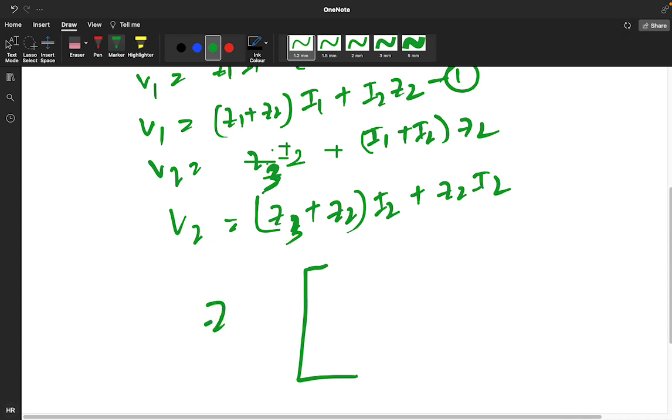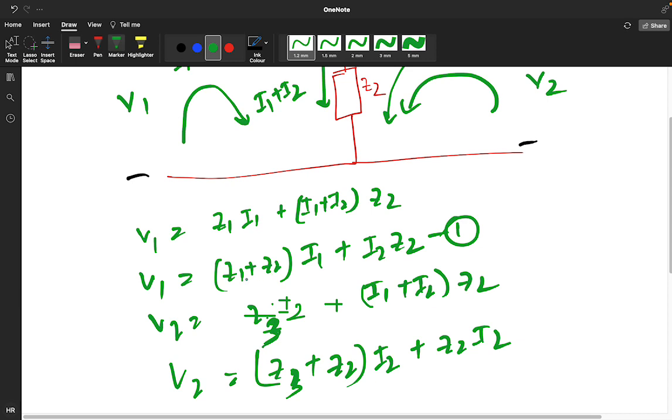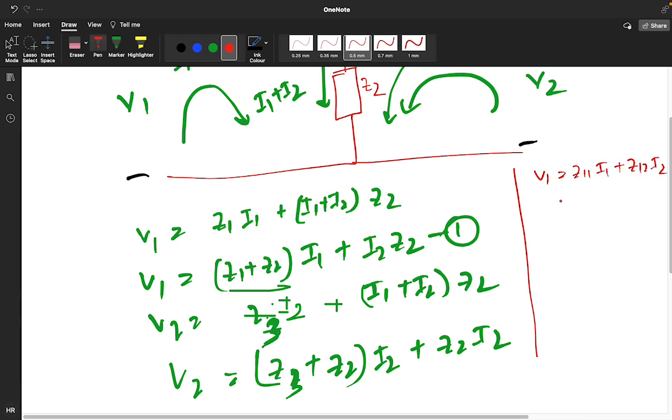We are getting the Z matrix from this. This is your Z11. Compare the result. V1 is equal to Z11 I1 plus Z12 I2, and V2 is equal to Z21 I1 plus Z22 I2.